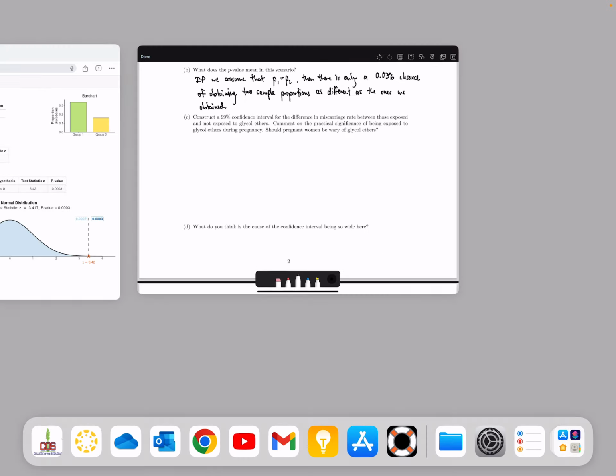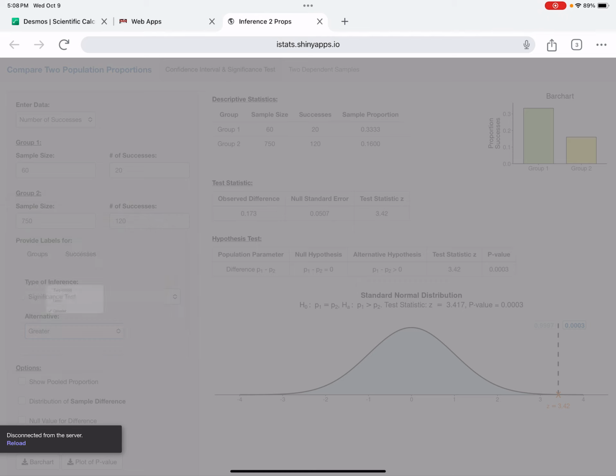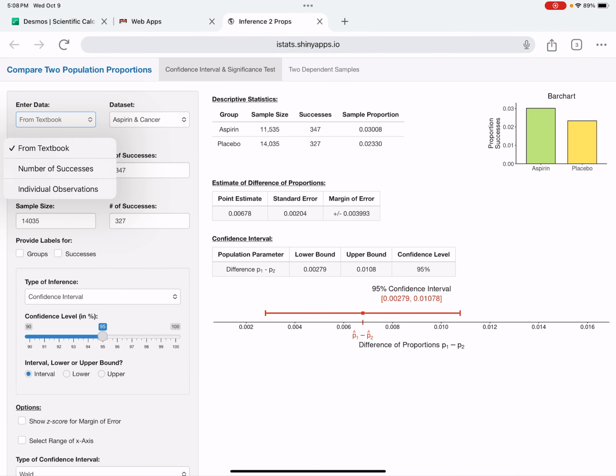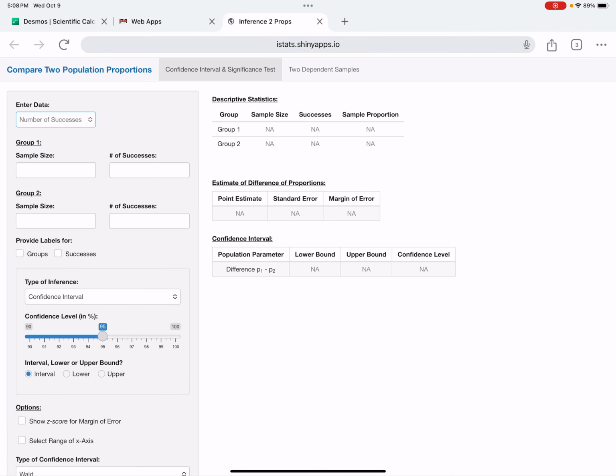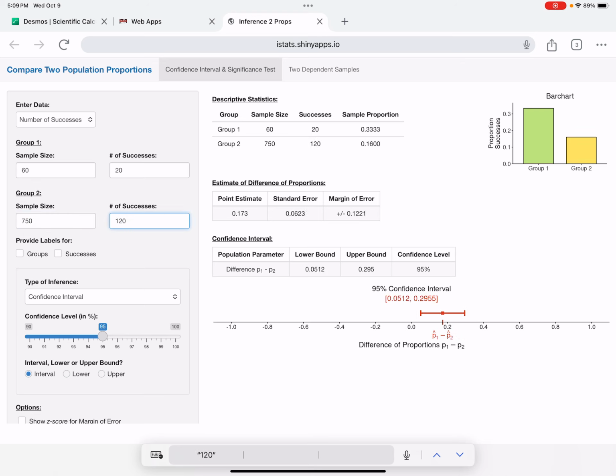So going back to this app, they're going to make us re-enter all of the stuff. That's okay. We can do it real quick. So in sample 1, we had sample size 60, 20 successes. In group 2, it was 750 observations and 120 successes or miscarriages. Okay, and they wanted a 99% confidence interval.